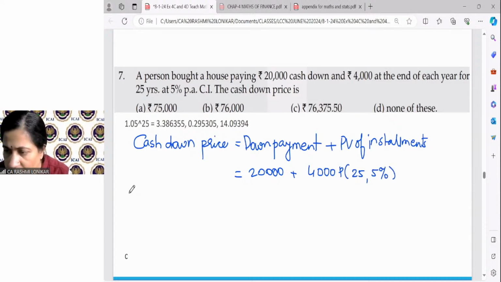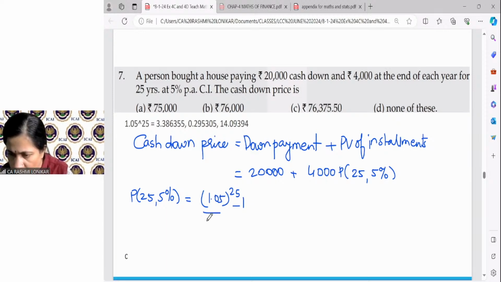So let us see. P of 25 and 5% is equal to 1.05 raised to 25 minus 1 upon 0.05 into 1.05 raised to 25.